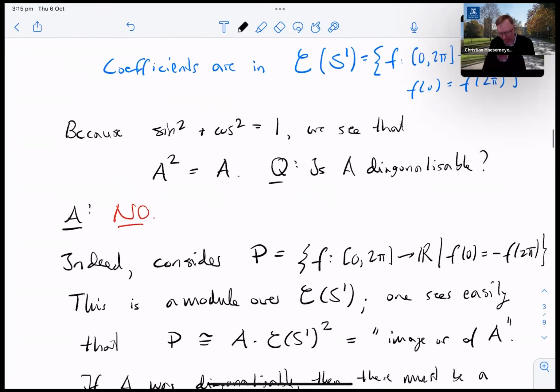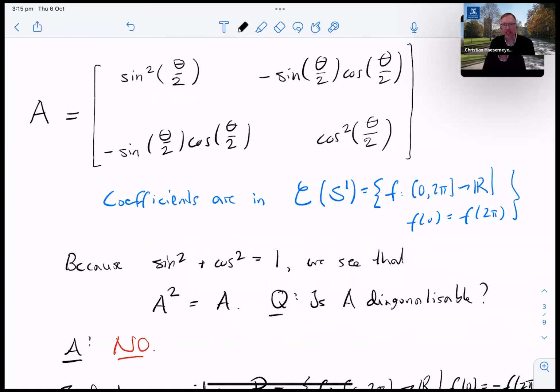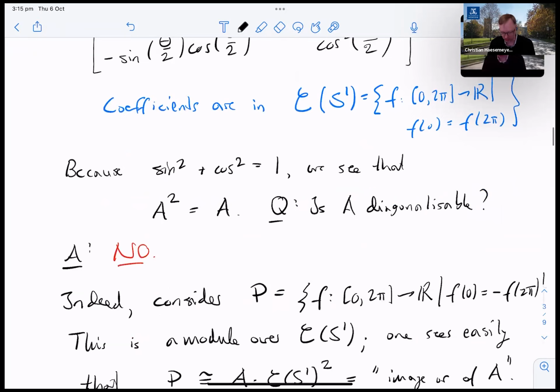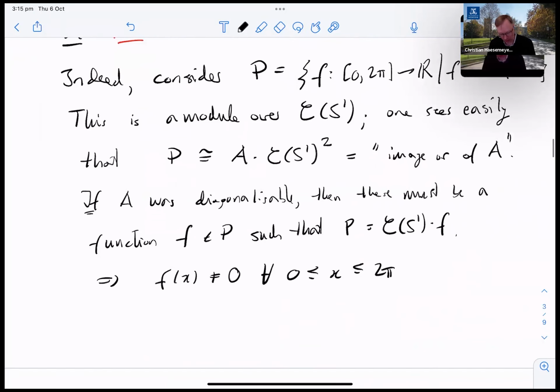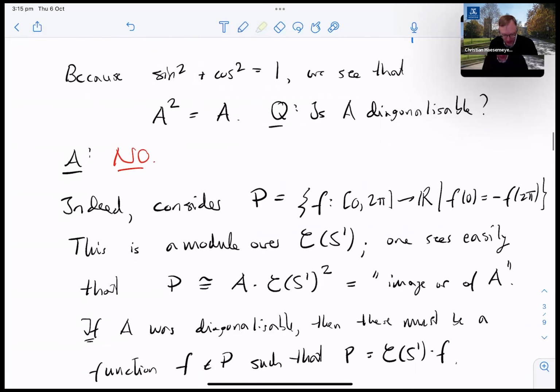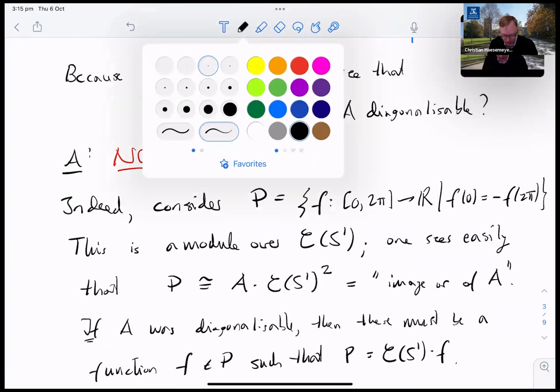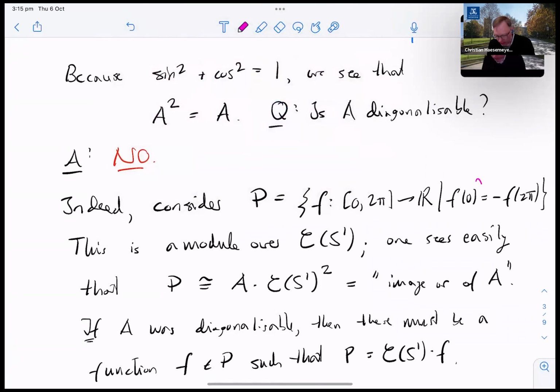But it's clearly the case that there are functions on the circle that don't vanish anywhere, for example, the constant function with value 1. So this function would have to be non-zero everywhere. But now we have that f of 0 is negative f of 2 pi.